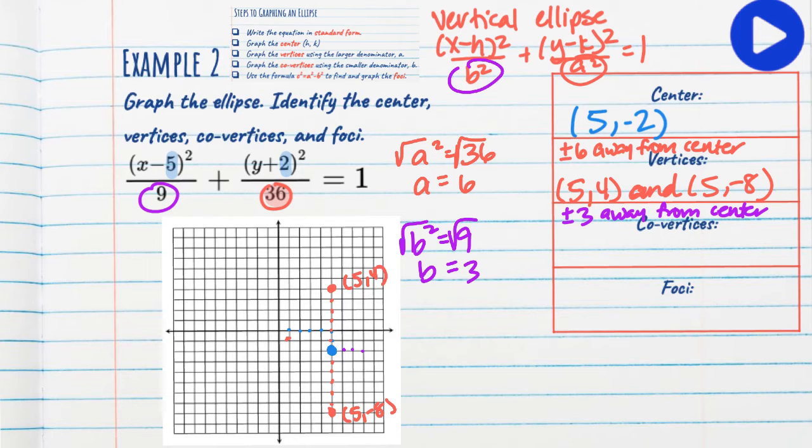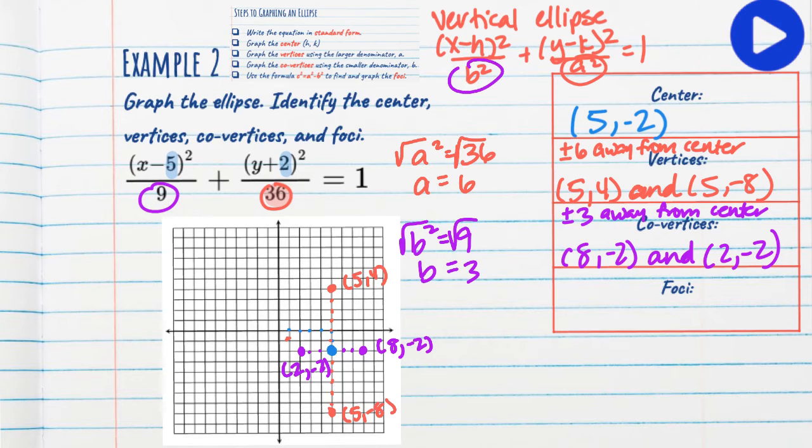So 1, 2, 3, 1, 2, 3. So this point here is going to be over 5, 6, 7, 8, and down 2. And this other point is going to be over 2 and down 2. So (8, -2) and (2, -2).